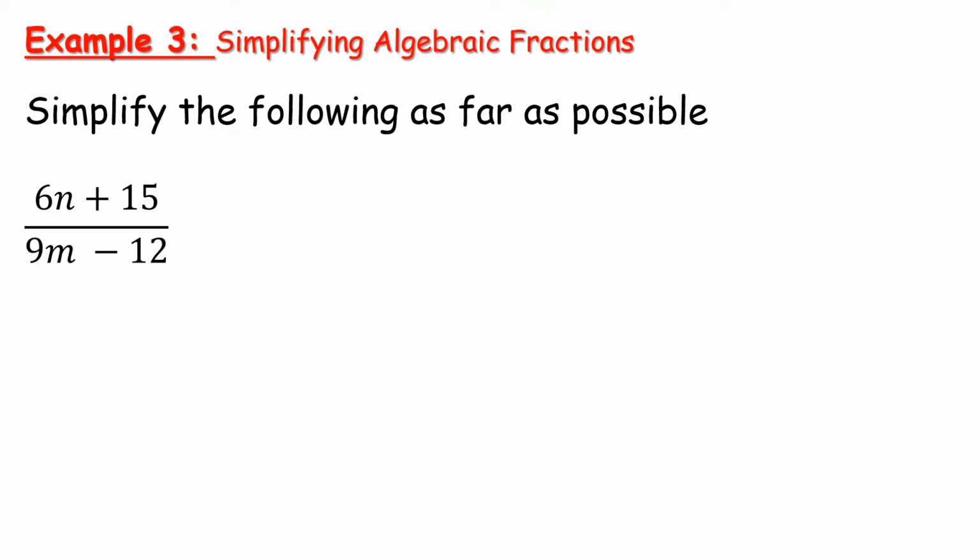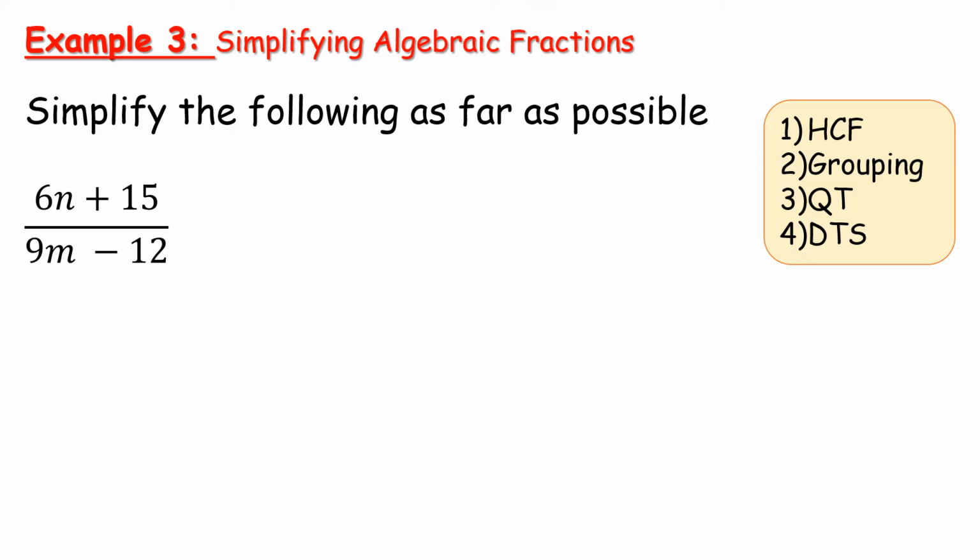So now we have 6n plus 15 all over 9m minus 12. So both of these need some factorization, and lucky for us, they both need highest common factor. So the top line, 3 is common, leaving us with 2n plus 5.